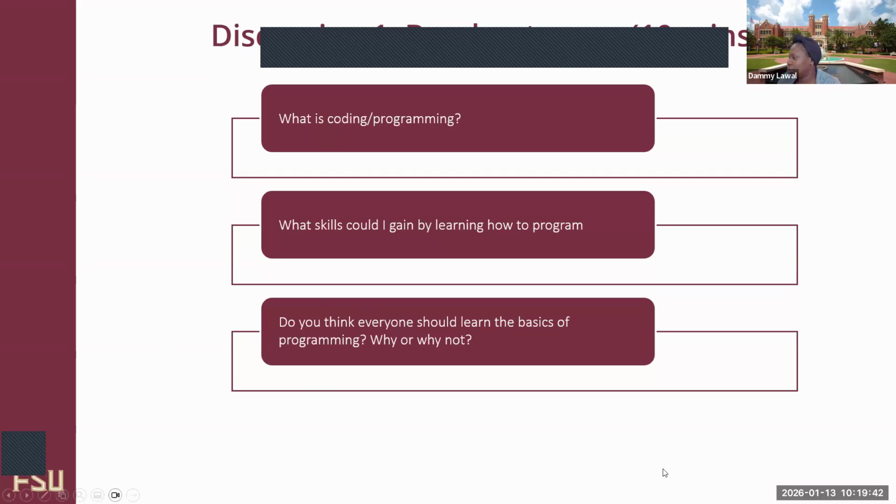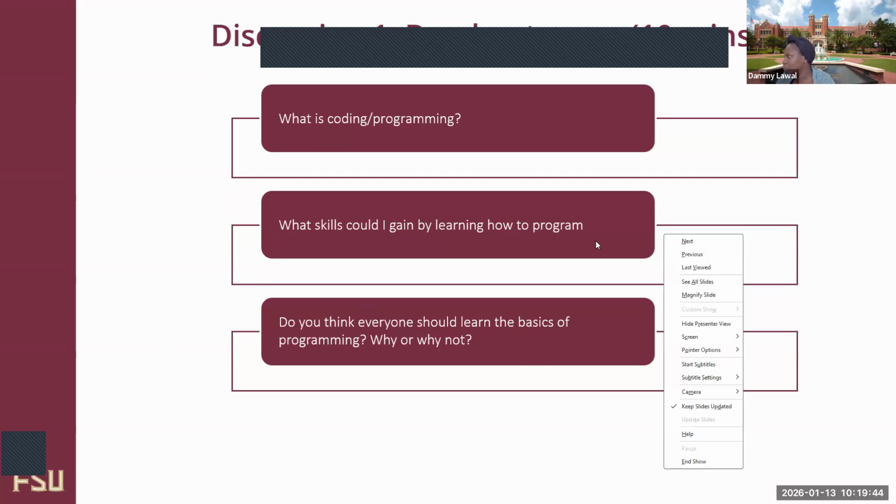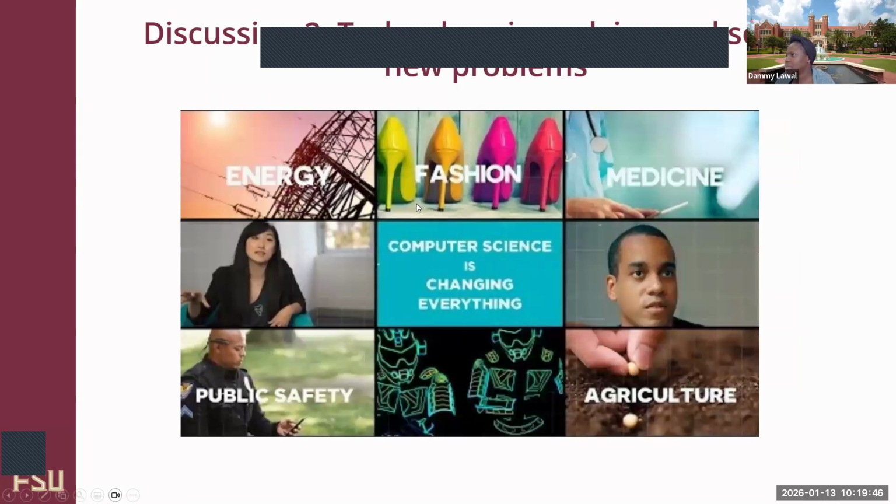So I think we have another discussion here, and it's also a video, and this is talking about the evolving nature of technology. It's solving new problems. Problems are coming up, and there are different technologies solving specific problems. Technology is evolving rapidly.